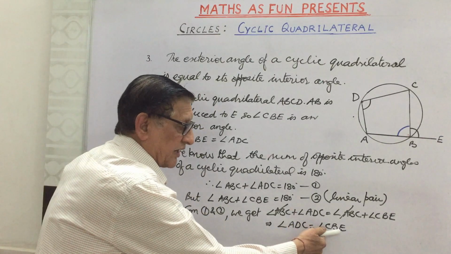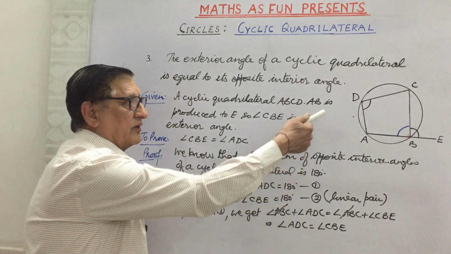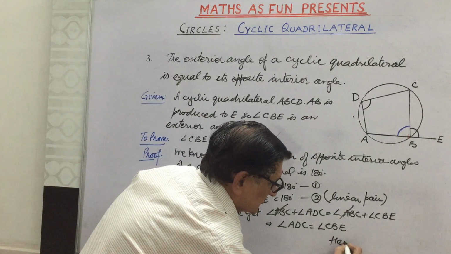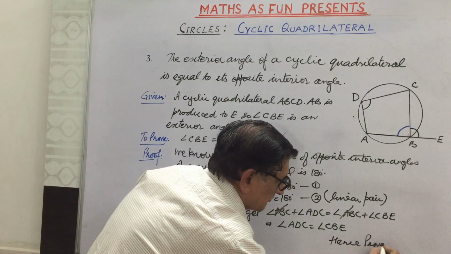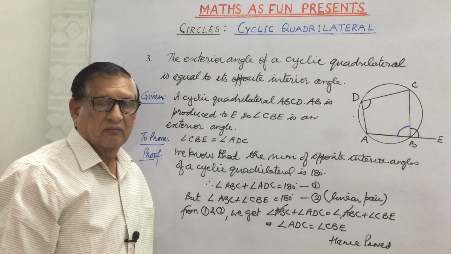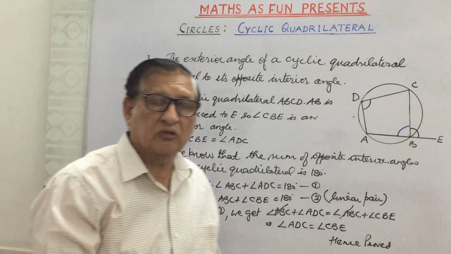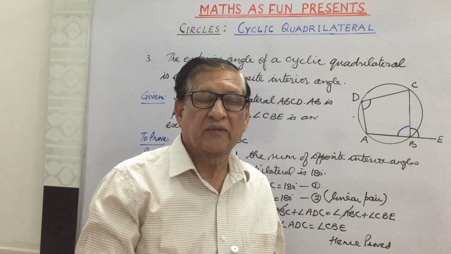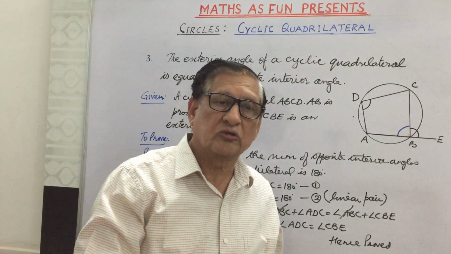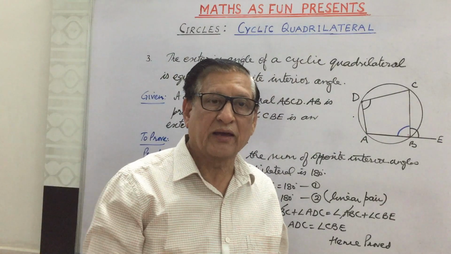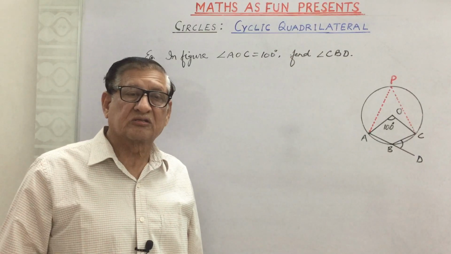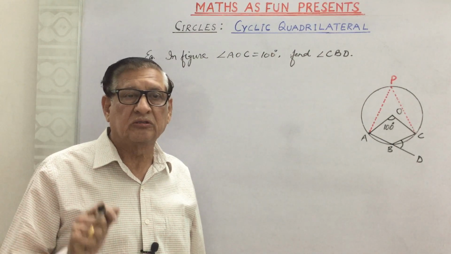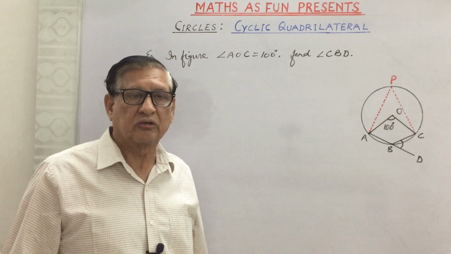It means the exterior angle is equal to the opposite interior angle, and that's what we have to prove. Hence, proved. So we could prove this theorem also, that the exterior angle of a cyclic quadrilateral is equal to its opposite interior angle.